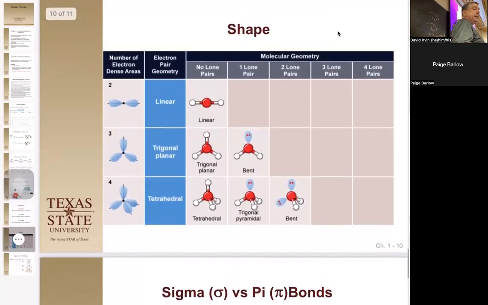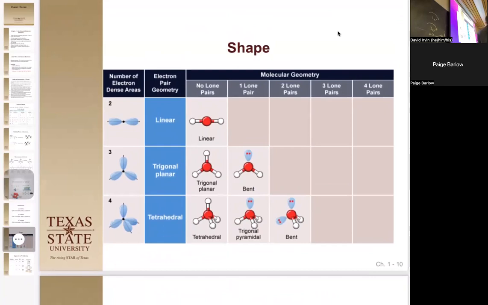So that takes us to shape. Okay, so notice that this is an sp3 hybridized atom. Okay, this can be carbon, nitrogen, oxygen. Carbon would give us the nice tetrahedron because it bonds 4 times. Nitrogen gives us trigonal pyramidal because it bonds 3 times and has a lone pair. And water gives us bent. Okay, so know that.